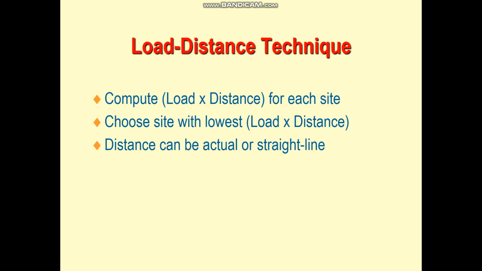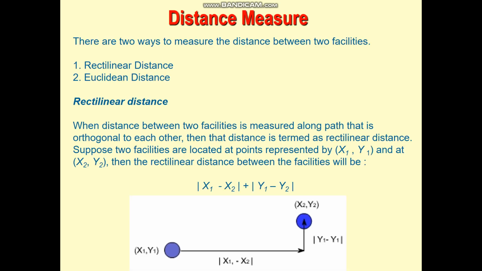So we compute the value of load times distance for each site. Then we choose the site with the lowest value of load multiplied by distance. The distance can be the actual distance or the straight line. So we have two ways to measure the distance.